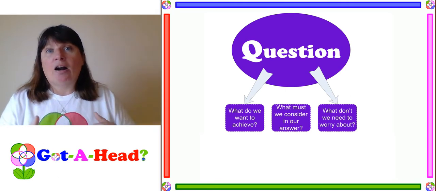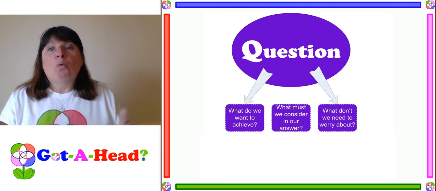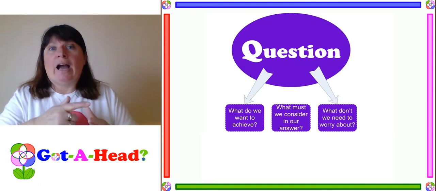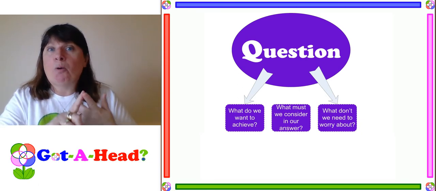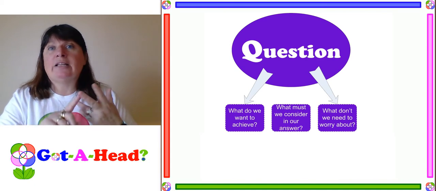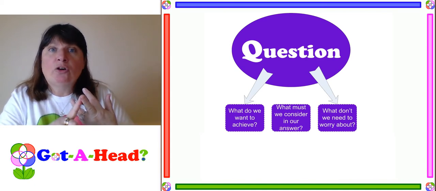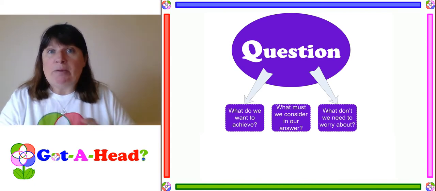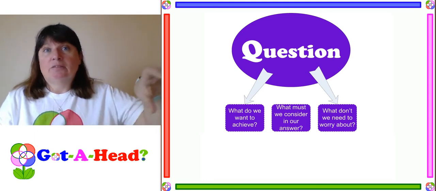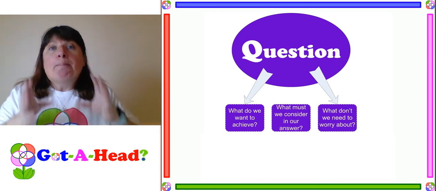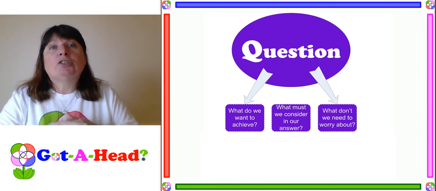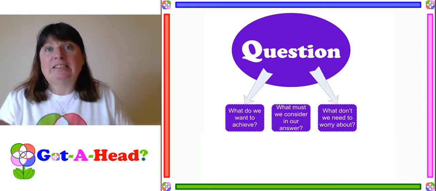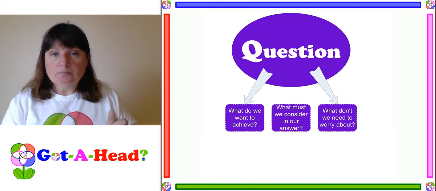So in our cafe example, we needed to consider what kind of furniture. We needed to consider whether there would be a sales point of some sort. We needed to think, would the kitchen be on view? Now, the answer to some of those might be no. It might just be tables and chairs. But we needed to at least consider them in our thinking to get the most effective answer to our question.